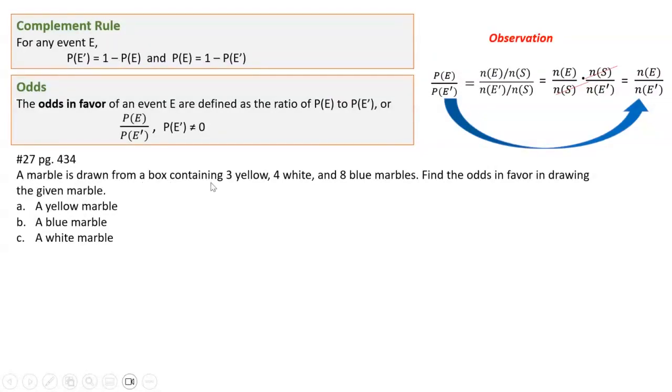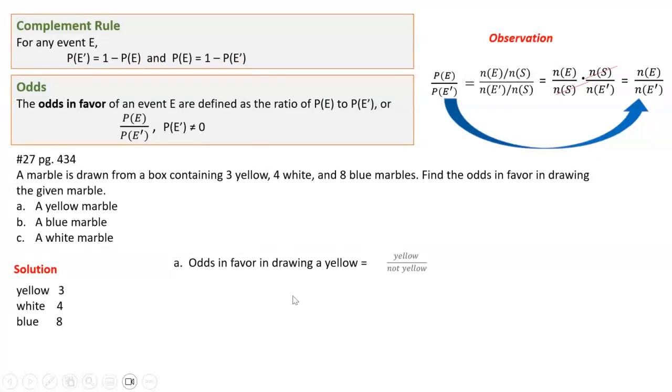This is number 27 from page 434. It says, a marble is drawn from a box containing 3 yellow, 4 white, and 8 blue. Find the odds in favor of drawing a yellow marble. Odds in favor of drawing a yellow is yellow over not yellow. That's the probability of the event and the probability of not the event.